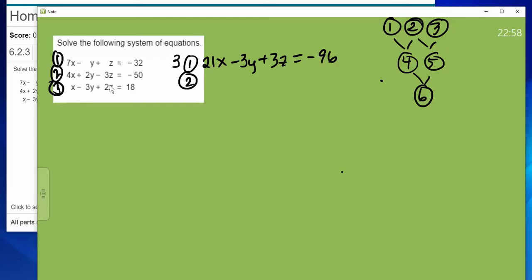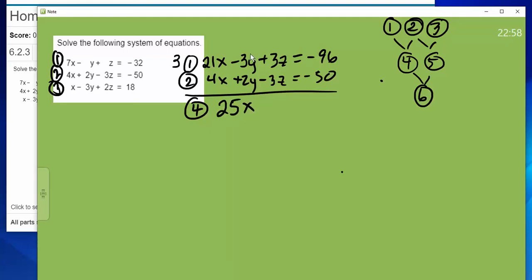And then equation 2 I'm going to leave alone. 4x plus 2y minus 3z equals negative 50. Add those together, and that will be my equation 4. So that would be 25x minus y, z's cancel, equals negative 146.